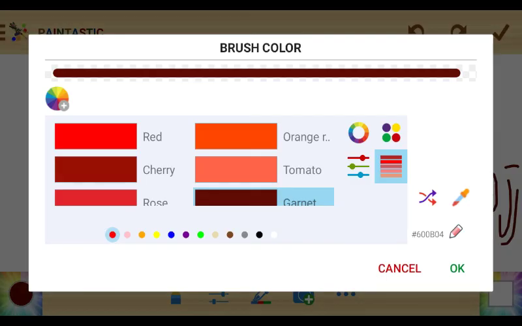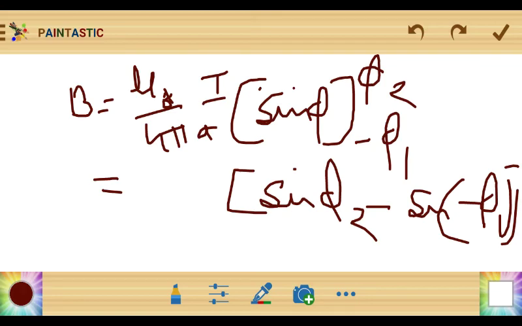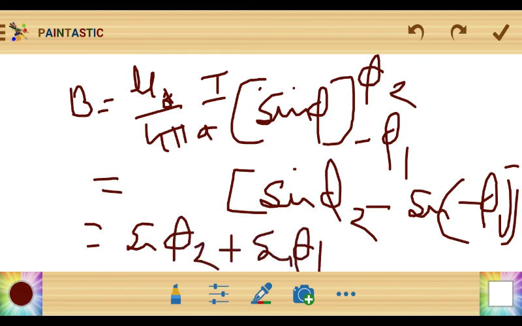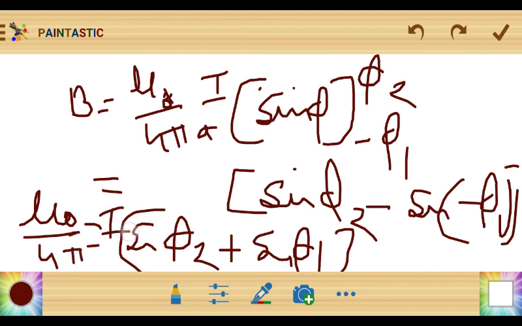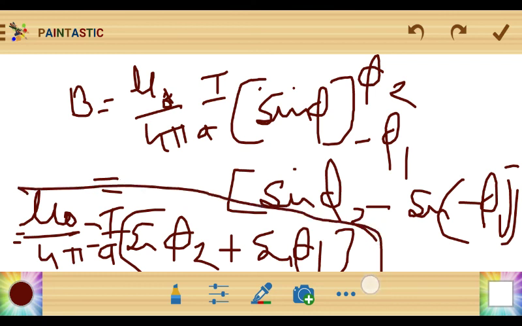And if you remember, sin of minus phi 1 in trigonometry is minus sin phi 1. So the minus will come out and it simply becomes sin phi 2 plus sin phi 1, and the remaining terms are as they are, mu 0 upon 4 pi, I upon a. So the magnetic field at point P due to the XY wire is simply mu 0 upon 4 pi, I upon a, into sin phi 2 plus sin phi 1.